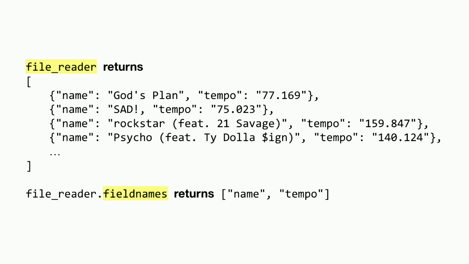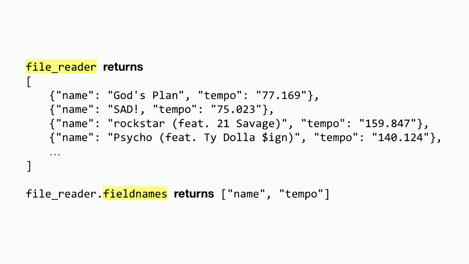So for every row in your file, we now see that it's been formatted so that each row has its own dictionary, and each key corresponds with the headers, or the field names, of the CSV.